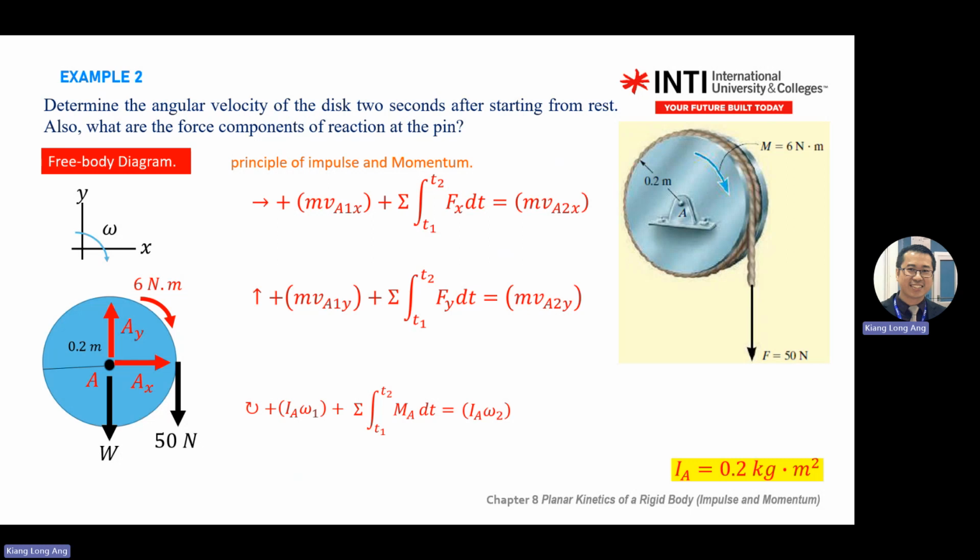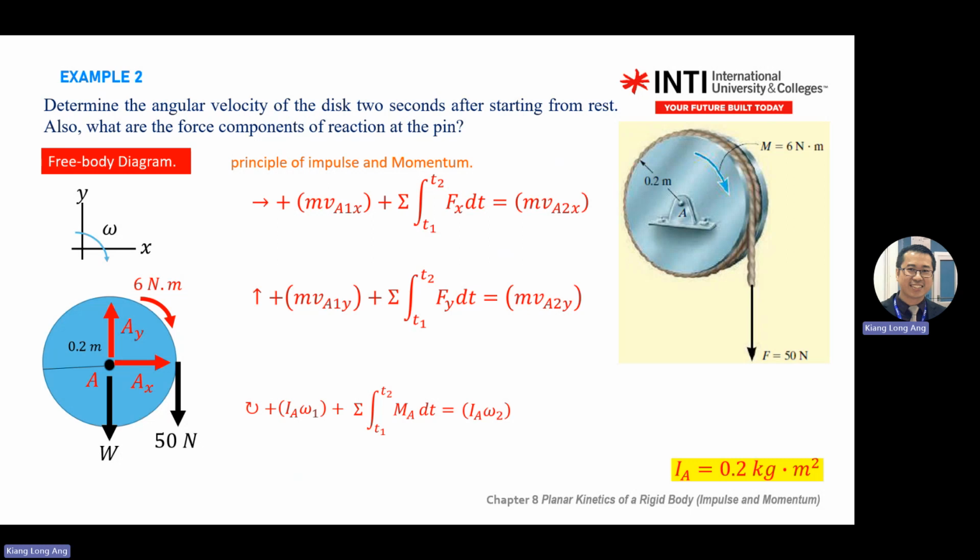So it can be linear impulse and linear momentum, or angular impulse and angular momentum. So you have two sets of equations. One is mv1 plus Ft equals mv2, split into x and y. And just to remind yourself, draw an arrow where is your positive direction.